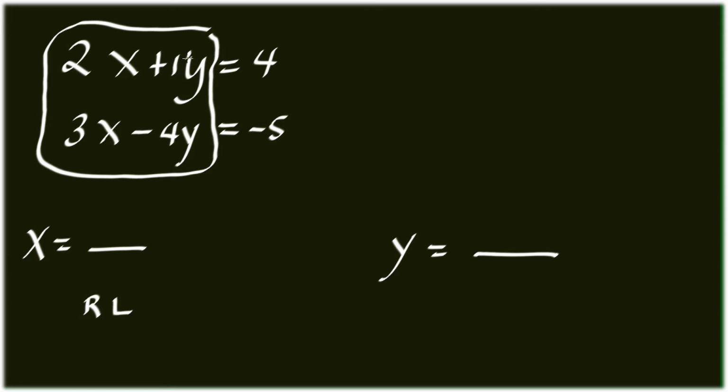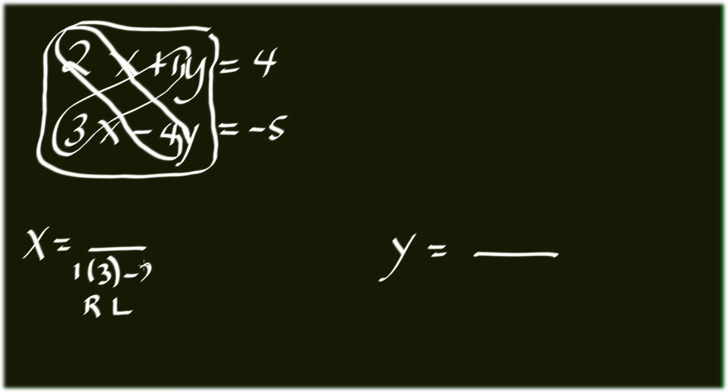So the right diagonal will be this 1 times 3, minus the left diagonal, which is 2 times negative 4. And just copy and paste that same denominator for our y.